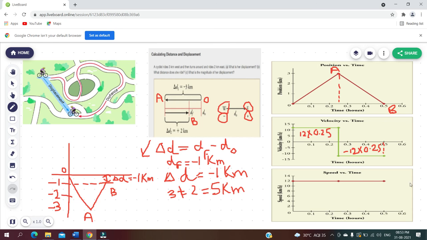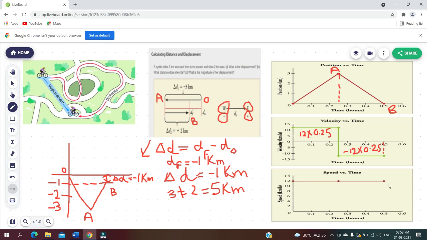But in the case of speed, we will not associate any direction or any sign to the speed. So from 0 to 0.25, from O to A, its speed will be 12. From A to B, again its speed will be 12 kilometers per hour, positive.